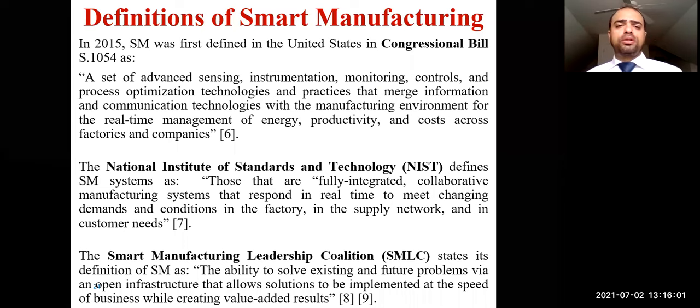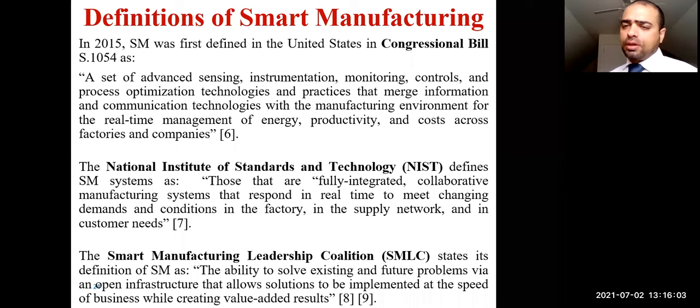Smart manufacturing was defined in the United States Congress in the Congressional Bill S.1054 in 2015 as a set of advanced sensing, instrumentation, monitoring, controls, and process optimization technologies and practices that merge information and communication technologies with the manufacturing environment for real-time management of energy, productivity, and costs across factories and companies.